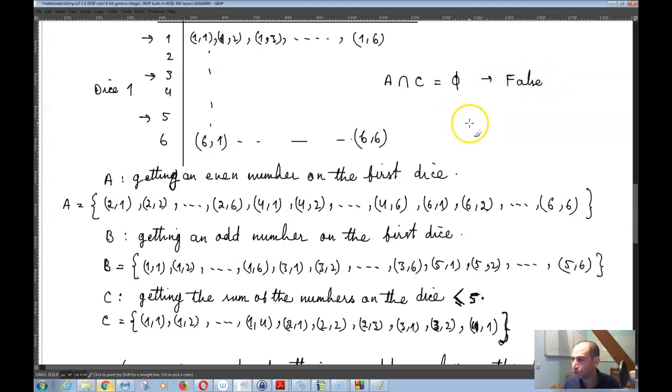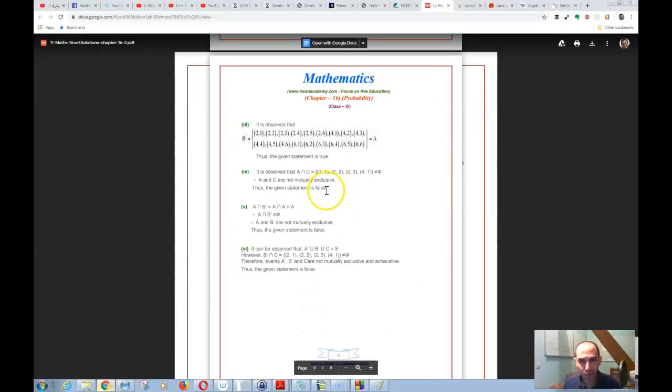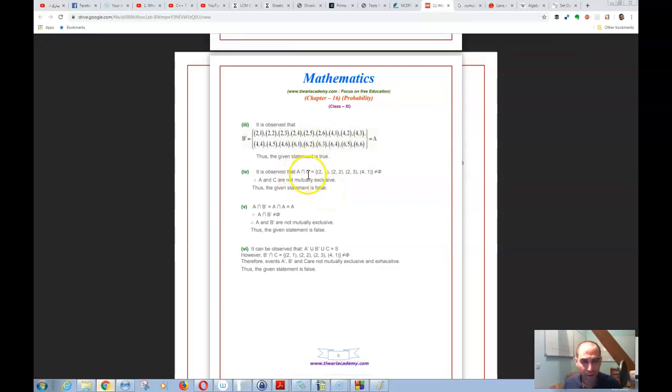Number 4 shows that A intersection C is not equal to the null set. Therefore, A and C are not mutually exclusive. Thus, the given statement is false.